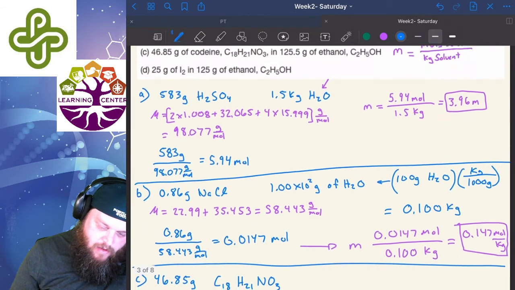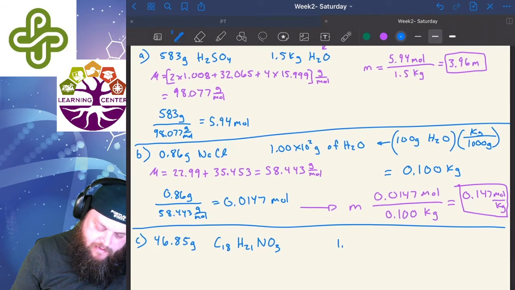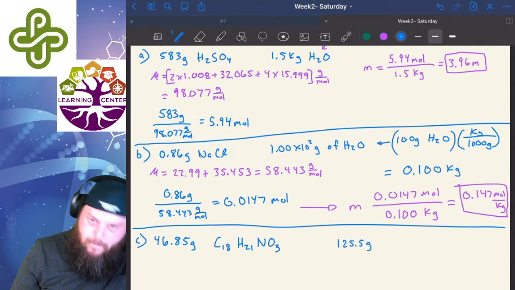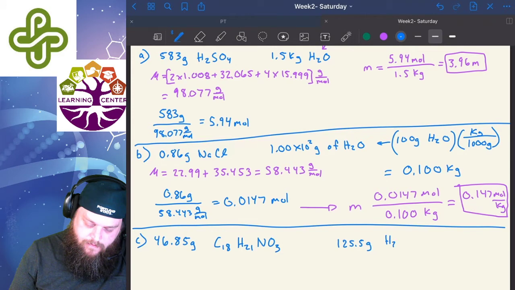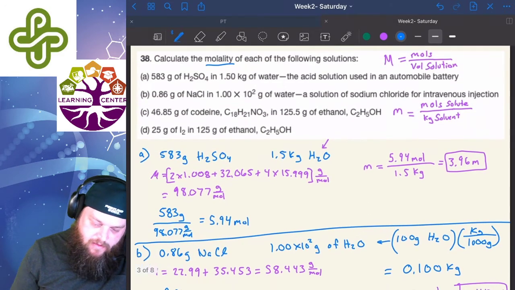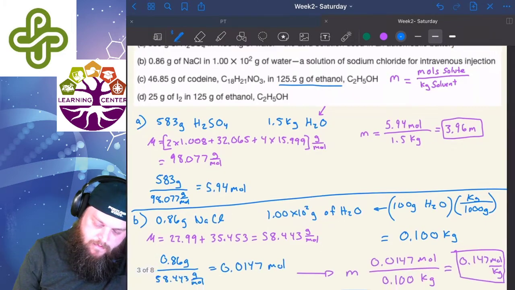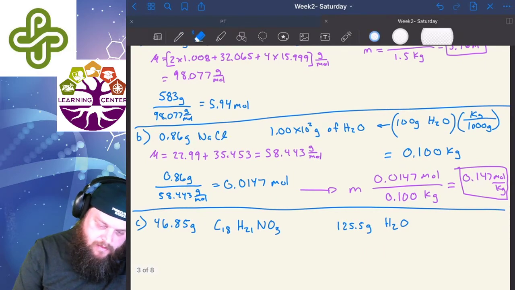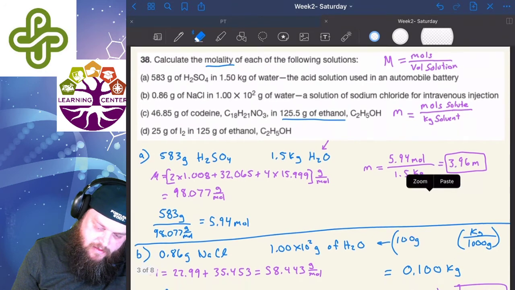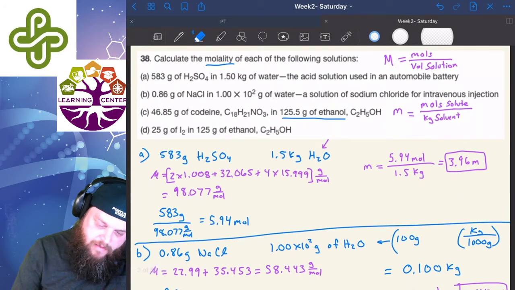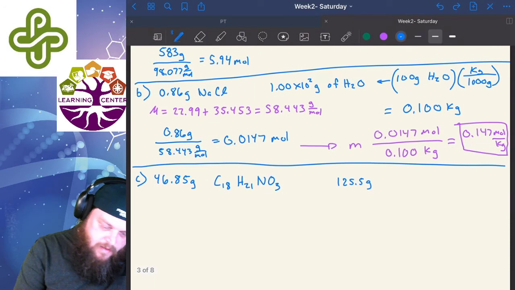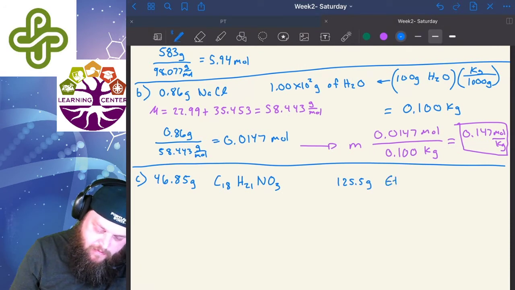And they're giving us 125.5 grams of water. That's our solvent. Or of ethanol, even. So I should change that. I don't even think this was water. No, it is water. Okay. Good. But this next one is ethanol.